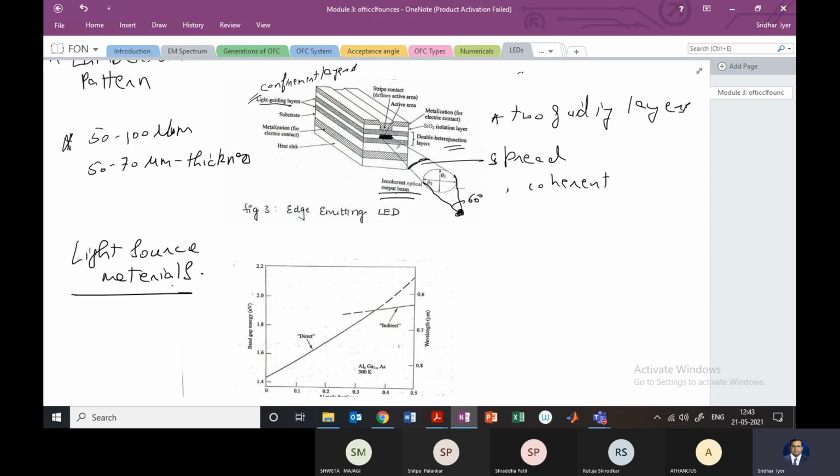Okay. So by light source material, we are interested in the material to be used in the active region.